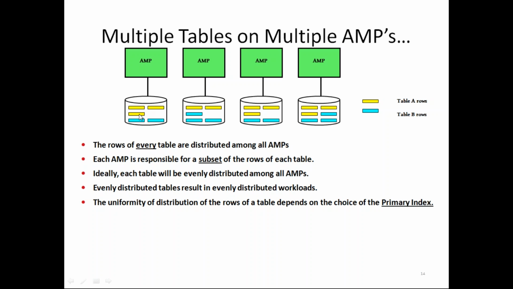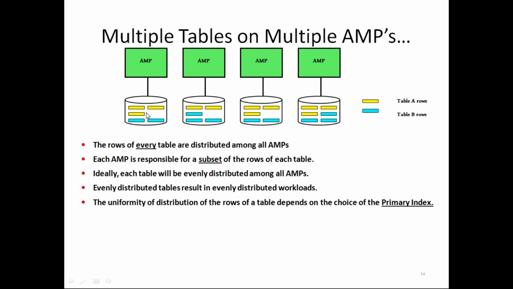Let's suppose all the yellow color rows are inserted here, then it is not better than a traditional system, right? It would also work as a traditional system where a processor and a disk is associated with it, and each and every information is processed not parallelly but sequentially, if all the records are inserted in a same amp, right?